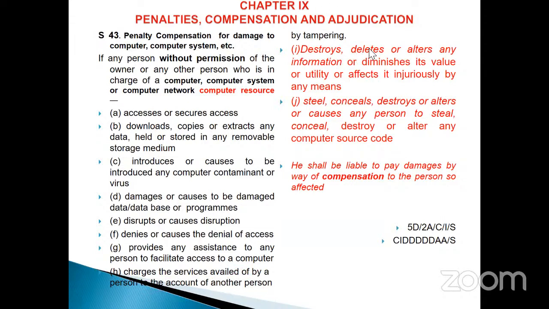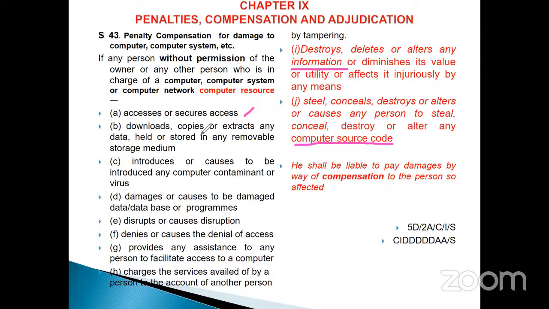Next, destroys, deletes or alters information. Similarly, steals, conceals or destroys or alters, or causes another person to steal or conceal, destroy or alter any computer source code. You underline this word. Information in the last point is computer source code.